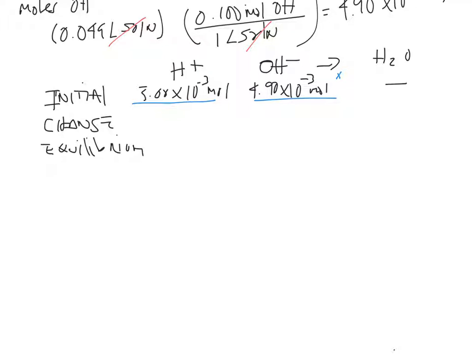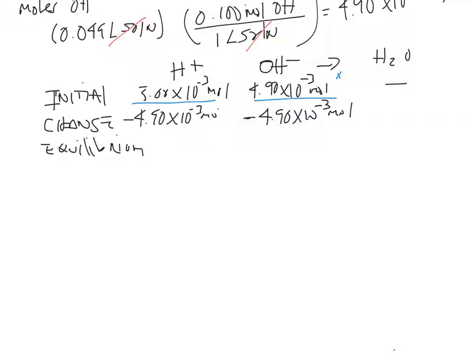So that means that the change is due to OH, so the change will be minus 4.90 times 10 to the minus 3 moles. And the change for H positive is going to be the same, because it's the same amount of moles of hydroxide that react with the H positive. So it will be minus 4.90 times 10 to the minus 3 moles.